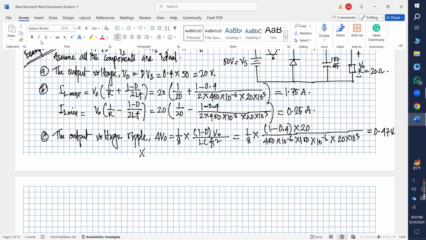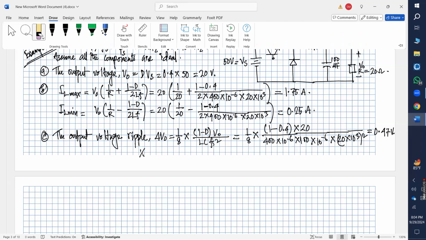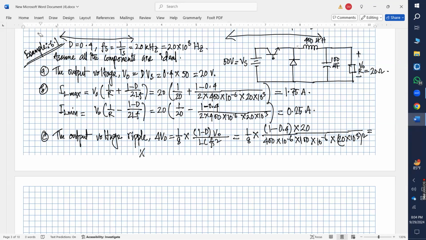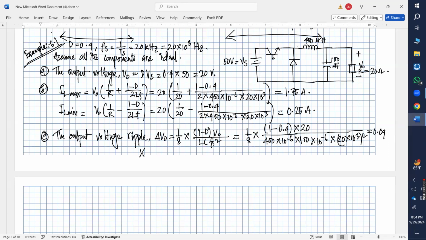Sir, the frequency should be squared. Right, this should be square. So what should be this value? 0.0937 volt. So if I try to get the percentage of ripple, sir, V naught is 50 volt?